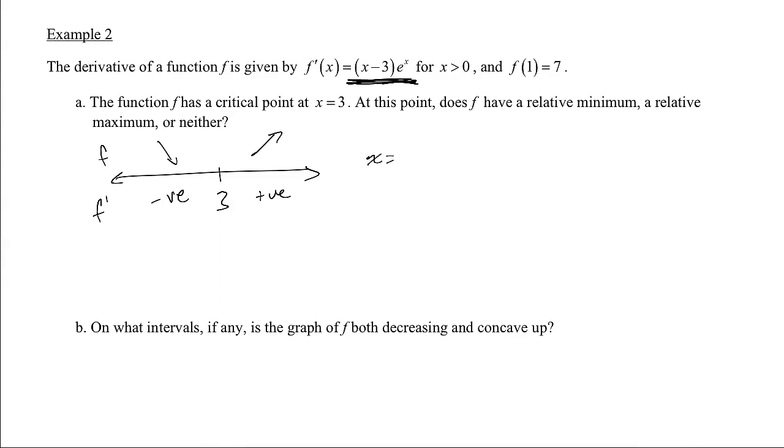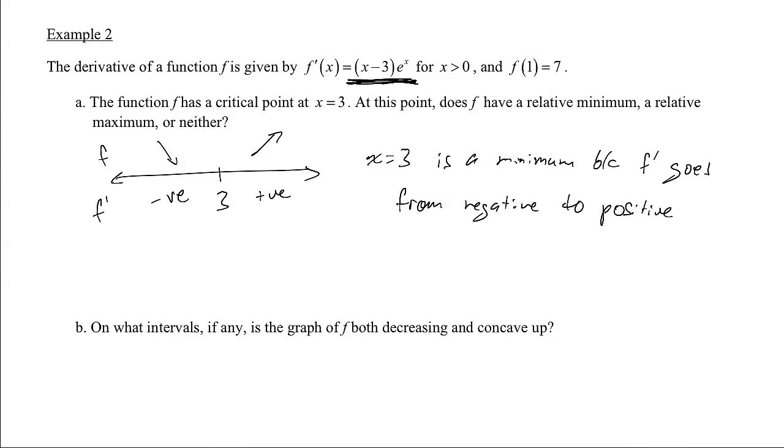So x equals 3, this is my justification statement, is a minimum because f prime goes from negative to positive.